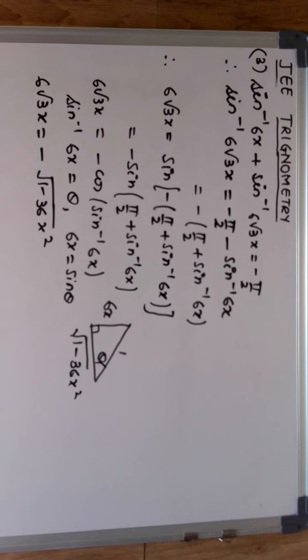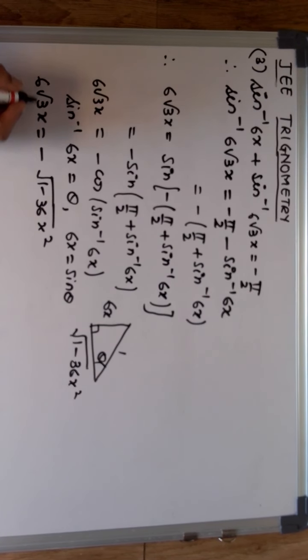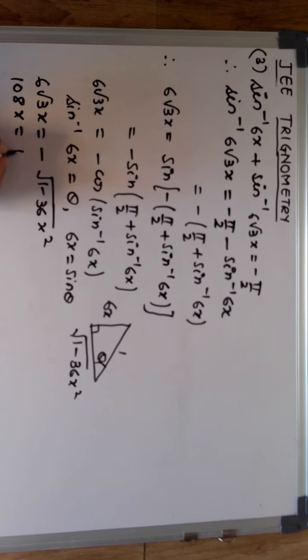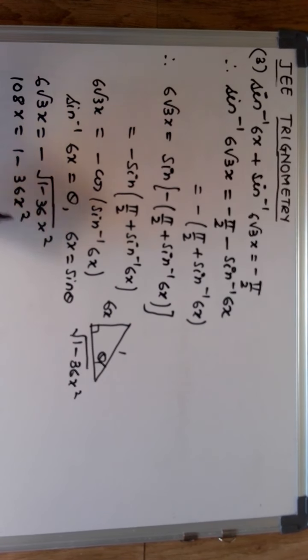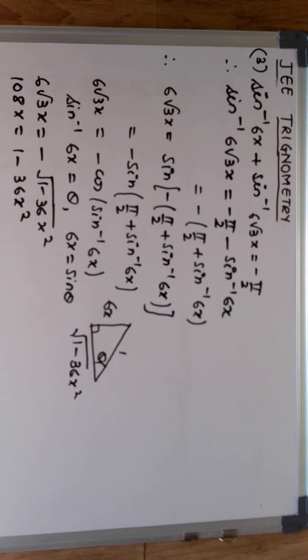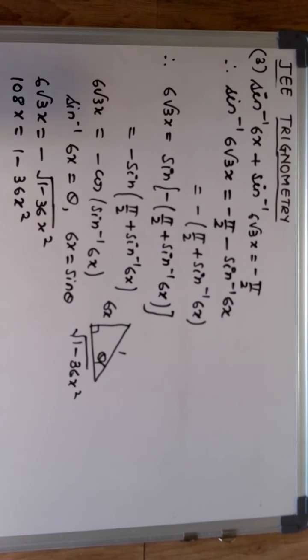So squaring this, what I get here is 36 into 3, that is 108x square, is equal to 1 minus 36x square. This minus becomes plus. So in short, 36x square, this also will square, right? This is x square.